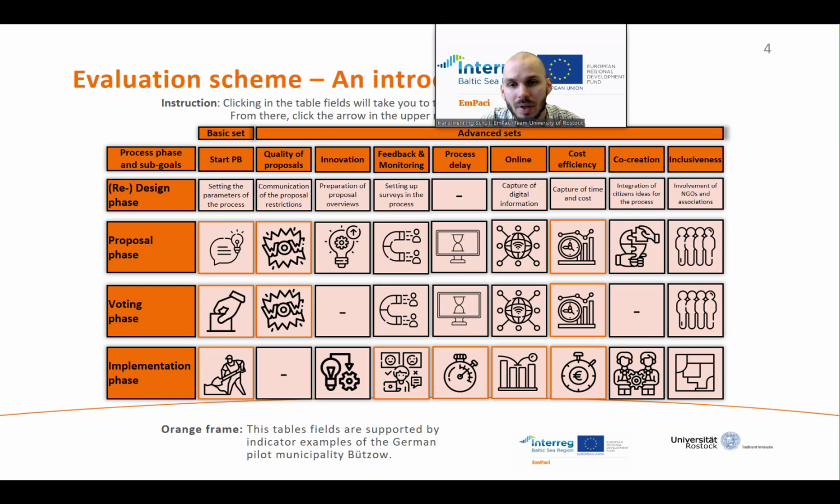You can look it up at our EmPaci webpage, empaci.eu. Download the complete text file, but also use these as a clickable presentation and really look through what is suitable for your municipality, or really get an idea what PB could look like and what goals could be achieved and evaluated and tracked by certain indicators.